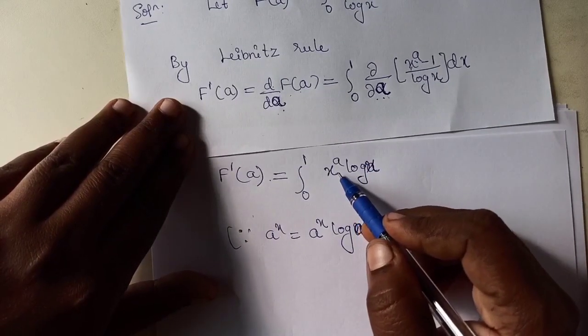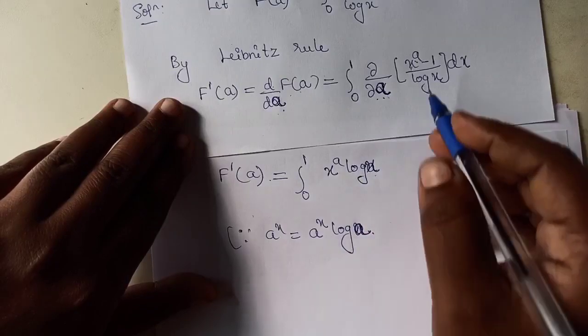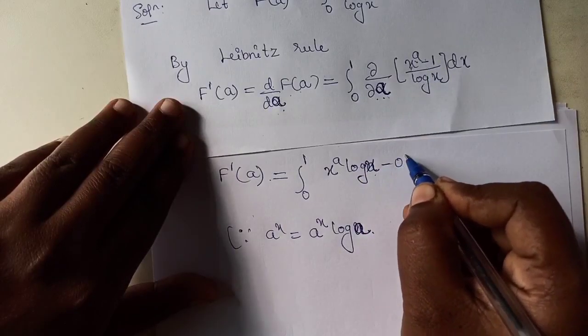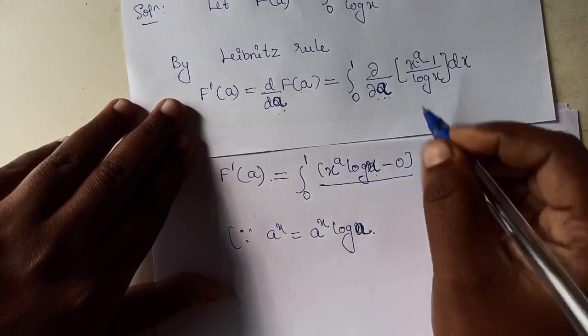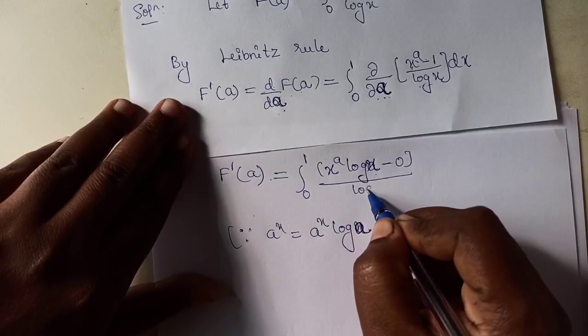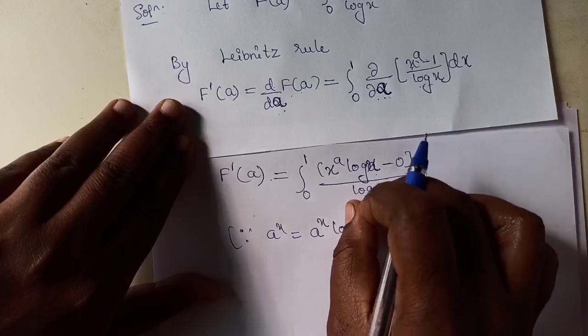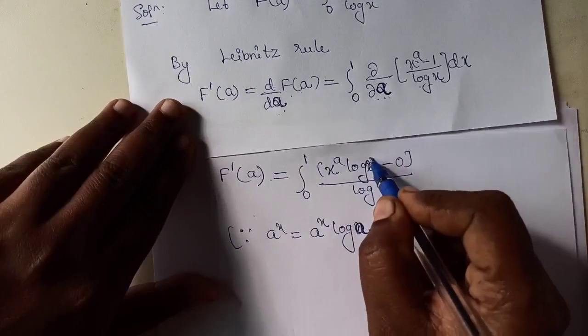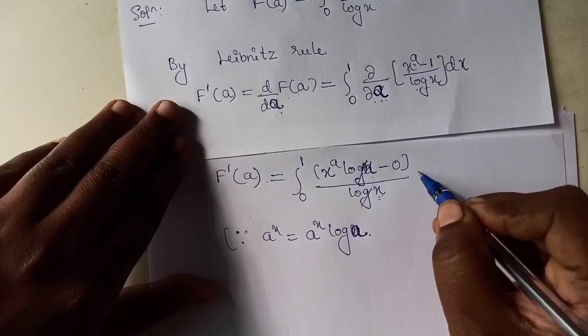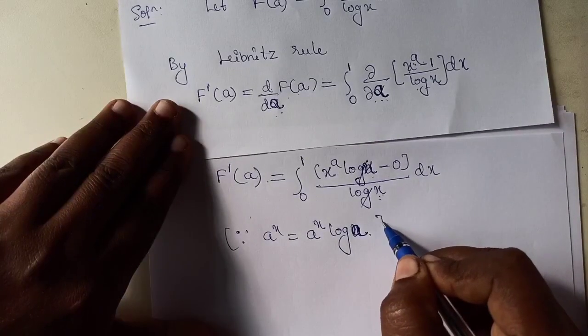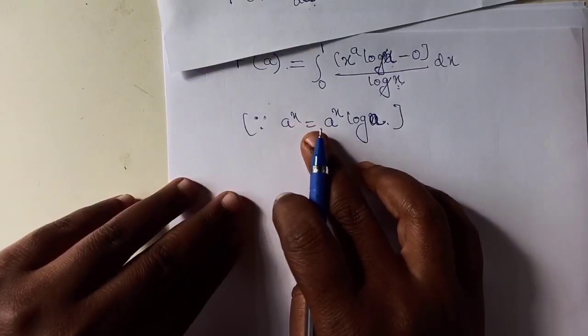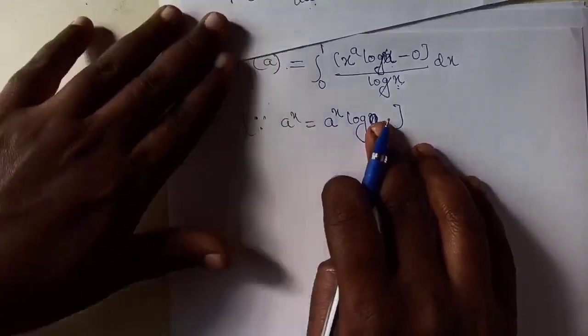Then minus 1 differentiation is 0, whole divided by log x, which is a constant term, so we keep this log x as it is because we treated x as a constant. Now this log x gets cancelled.